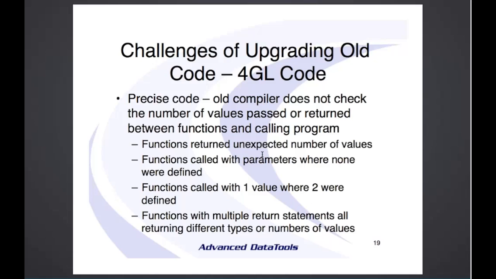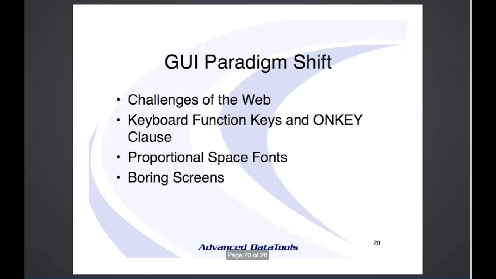And this is not just Genero. Genero is very strict on this, but so is the newer 4GL. So what I would always recommend is to take your old code, compile it with the newer 4GL first, and then bring it over to Genero and compile it, and that should be the key.